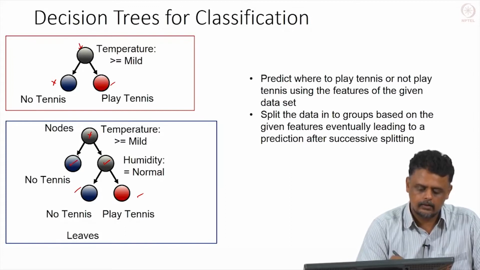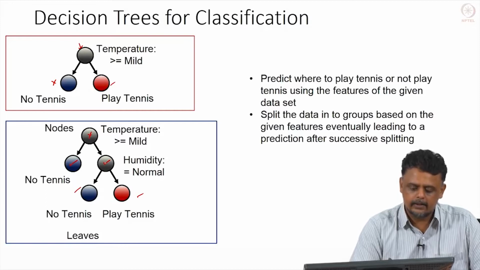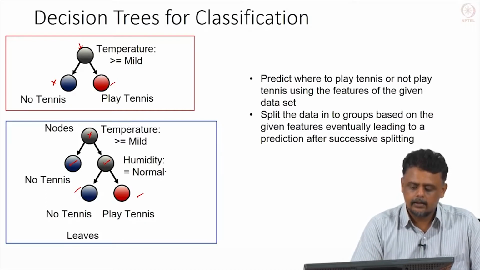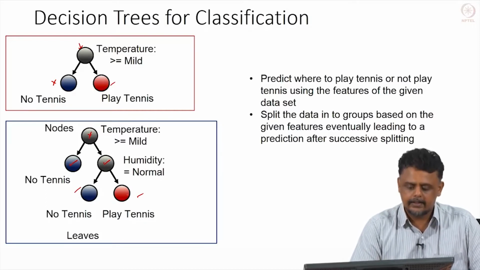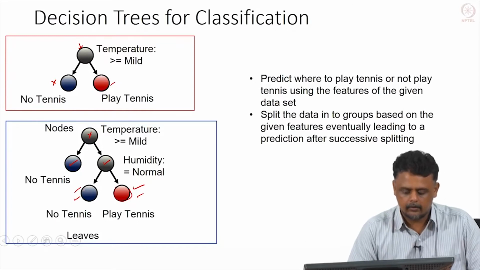This is what we want to do, and from here on, among the data points that we have assigned to this node, we will check if the humidity is normal or not. If it is yes, then we will assign it to this node here. Otherwise, if the humidity is not normal, then we go there, okay.